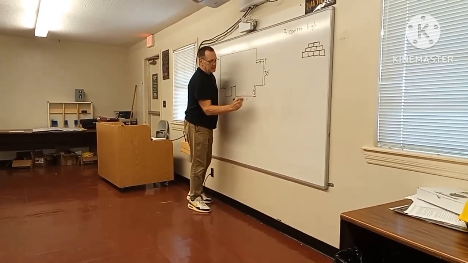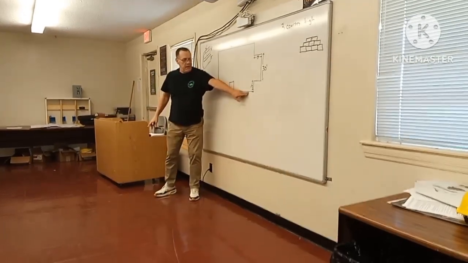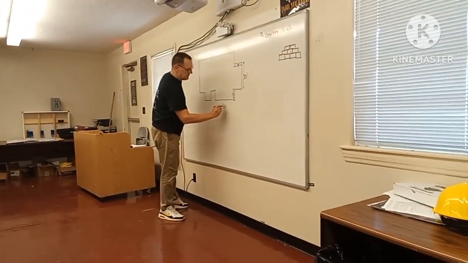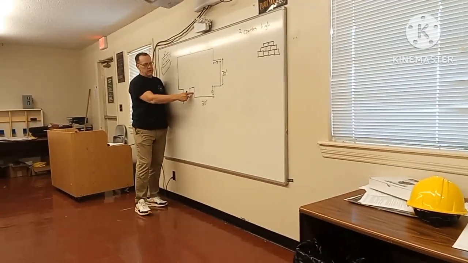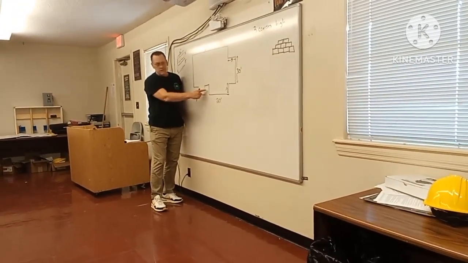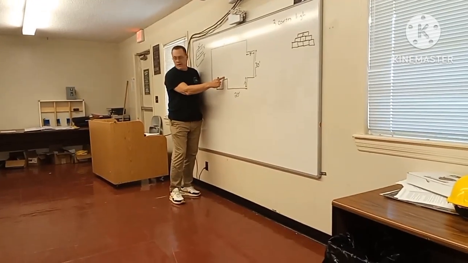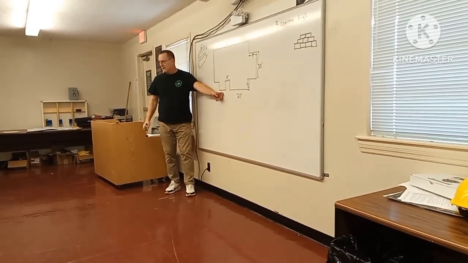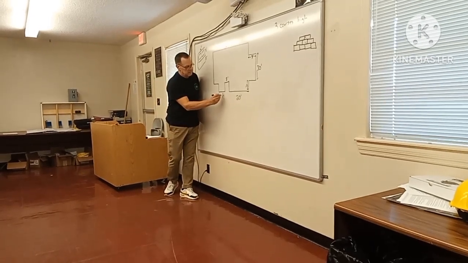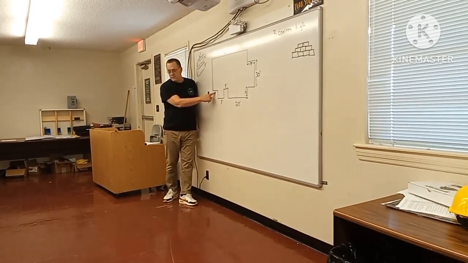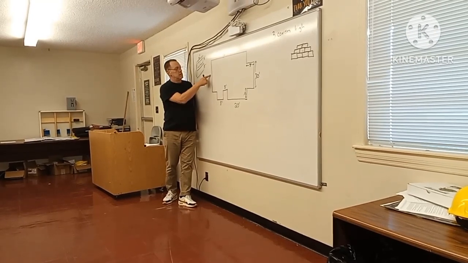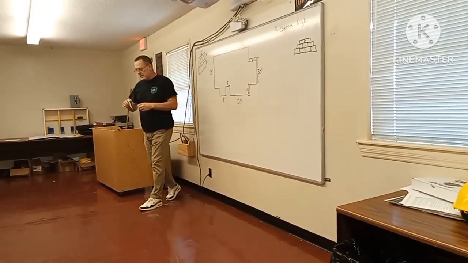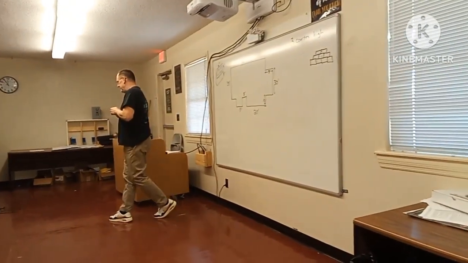Now do not be writing these down on your sheets there. How about right here? 20. Here? Here? All right, y'all following along good then. How about here? 38 feet.